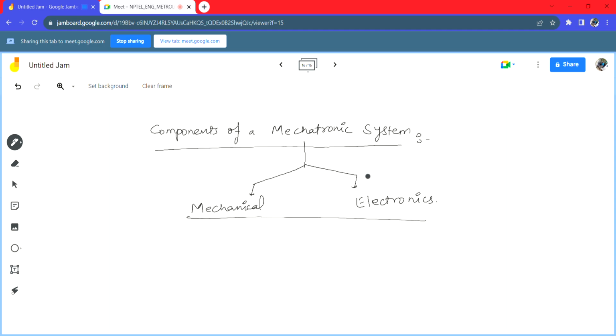So eventually we are designing control of mechanical arrangements with electronic systems.